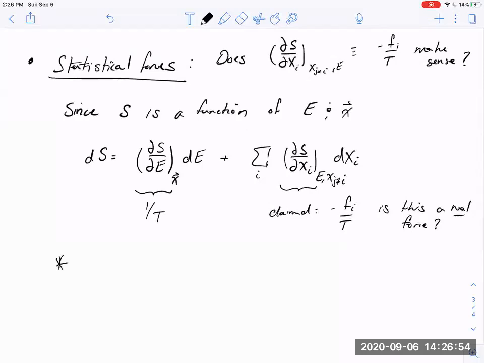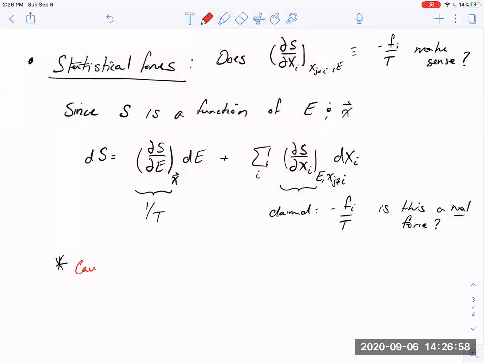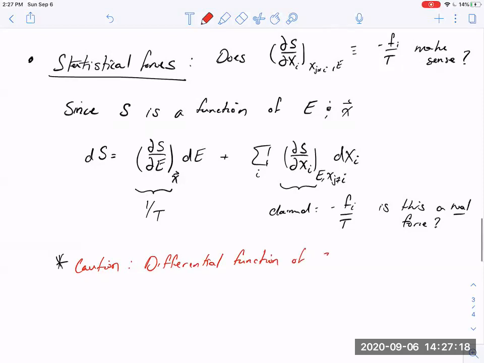One note of caution, let's write this in red. This sort of differential relationship for the entropy that we've just written down is true for equilibrium states.